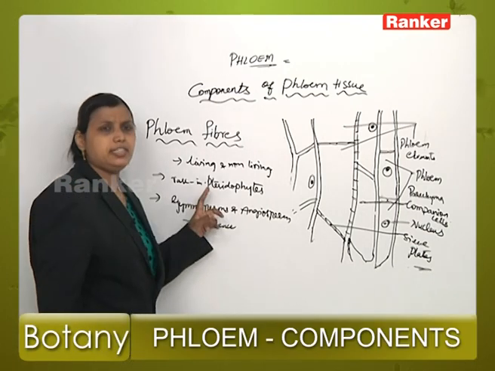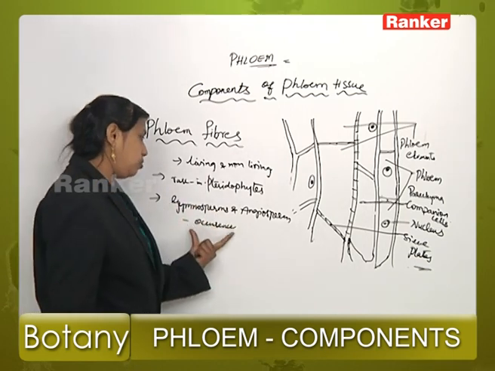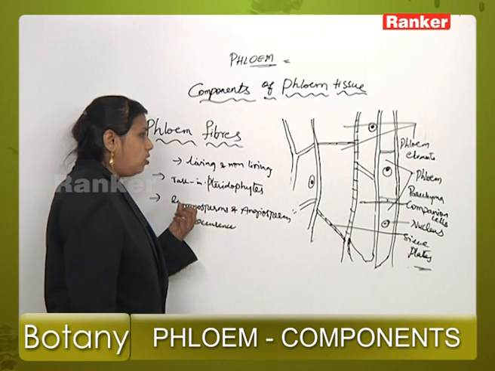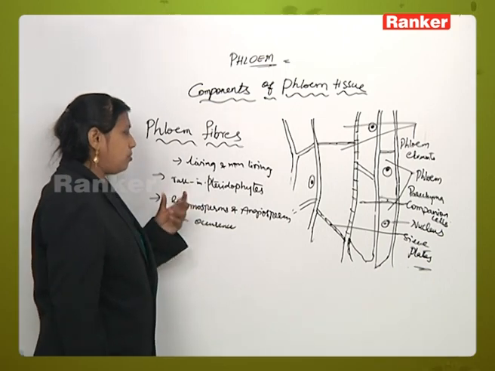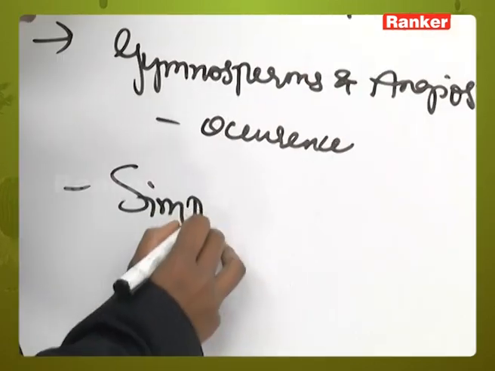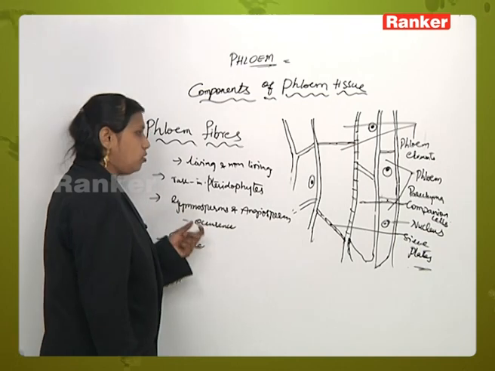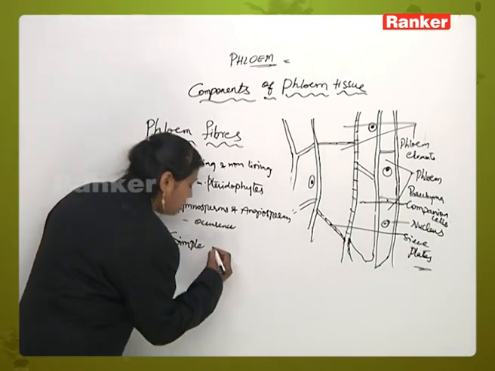These are rarely occurring in pteridophytes, and we can see more of the fibers in the gymnosperms and angiosperms. In phloem fibers, you will come across a word: simple pits are present. There is occurrence of only simple pits in the cell walls.